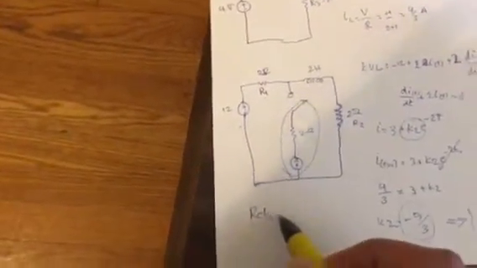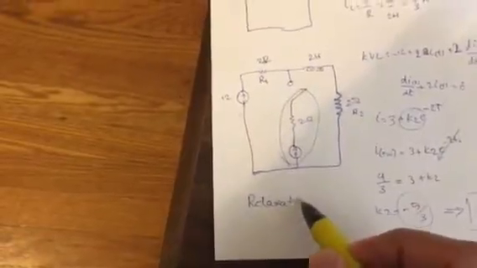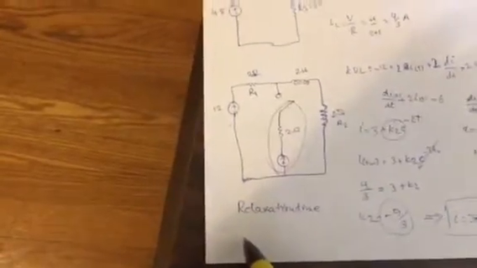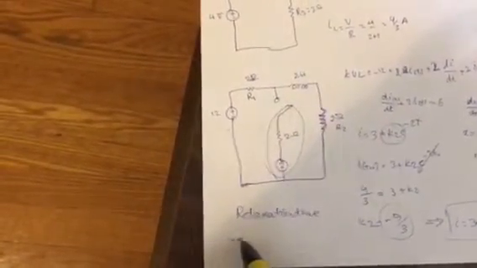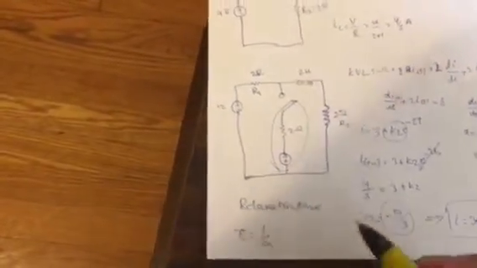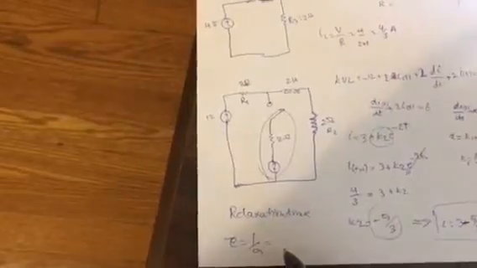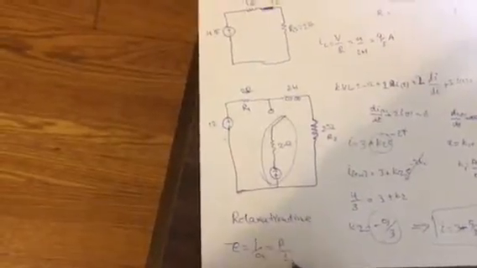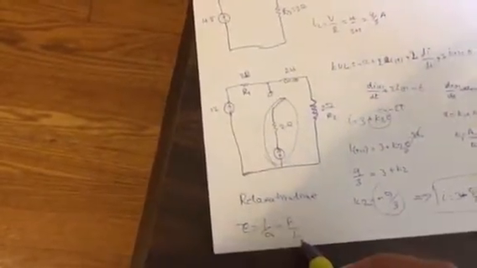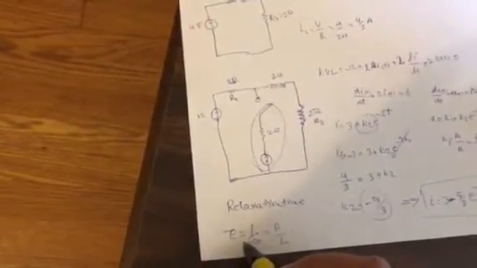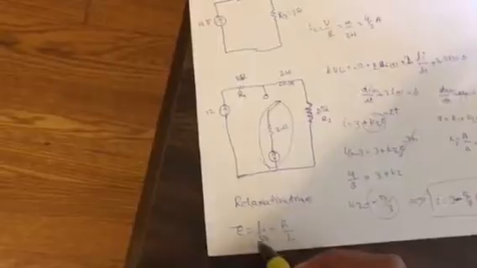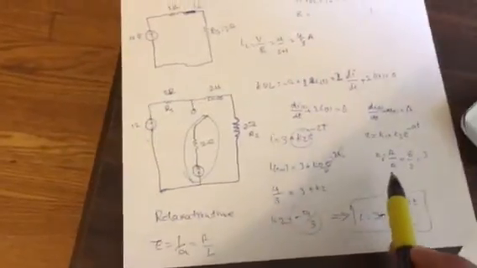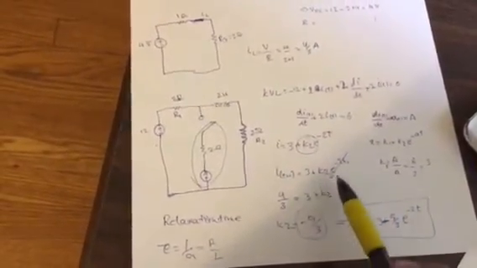The relaxation time in an inductive circuit, tau, is again 1 over A, just like before, but this time it is not RC, it is R over L. So A is 1 over the relaxation time, and in our case it is R over L, which we used here for A, and this is 2.